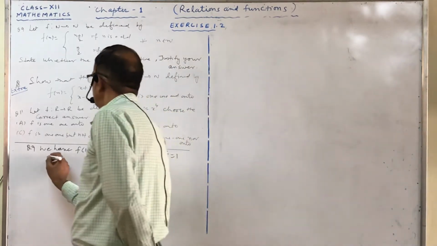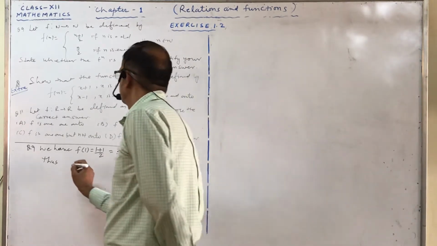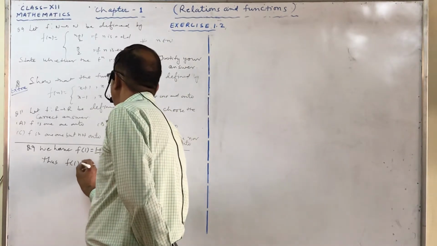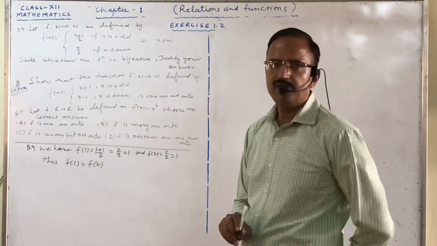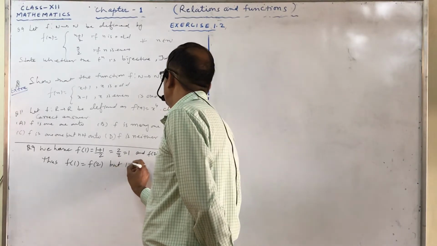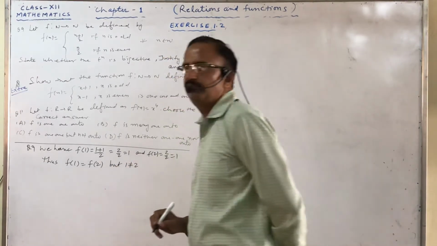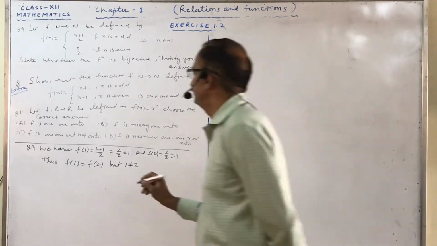So we can write first f of x1, or f of 1, is equal to f of 2, that is f of x2. But 1 is not equal to 2, means x1 is not equal to x2, so f is not 1-1.